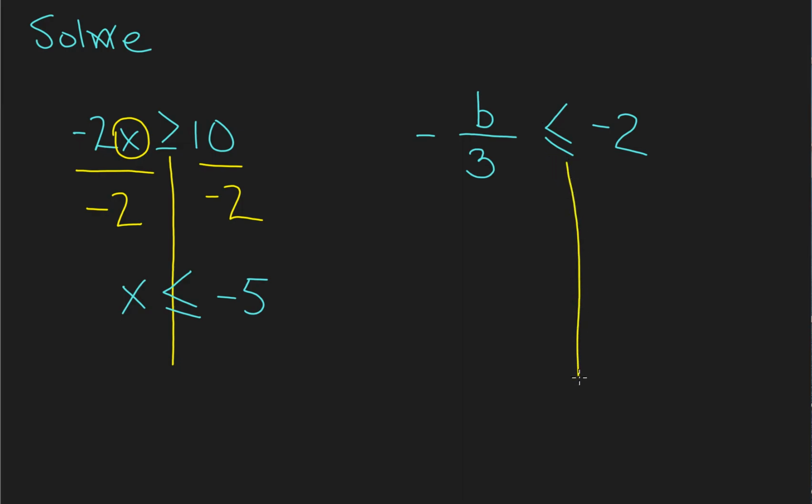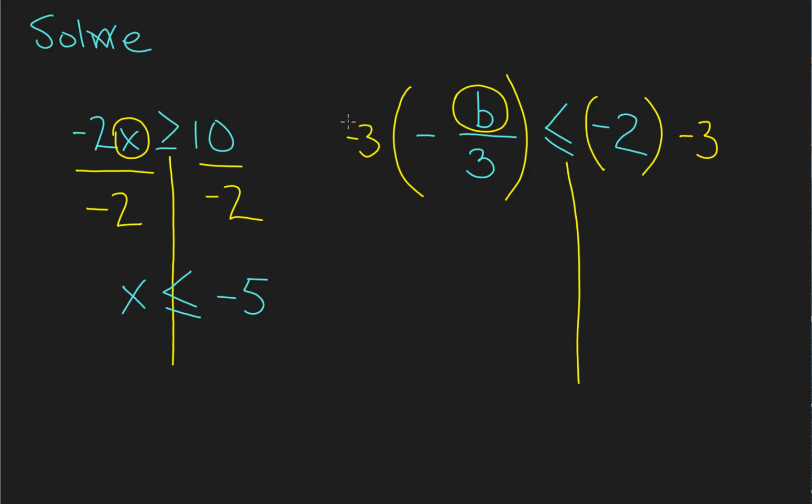Break the problem in two. Remember your goal. Identify what's happening here: it is a divide by negative 3. So I'm going to multiply by a negative 3. Notice what I'm doing to the problem is multiplying by a negative.